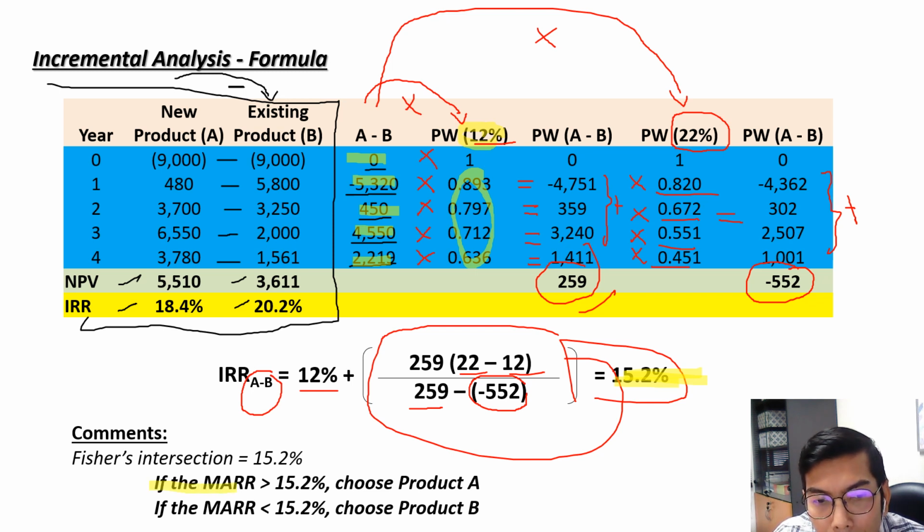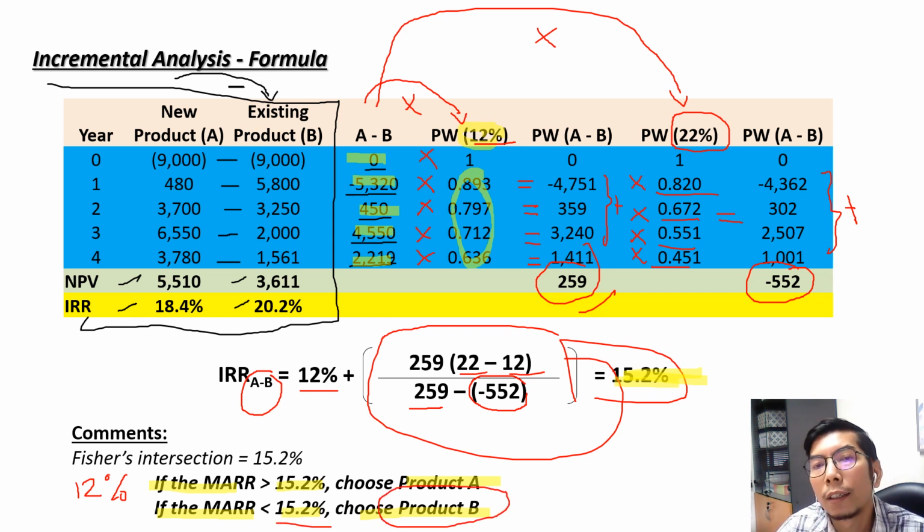If the MARR is more than 15.2, you choose product B. If the MARR is less than 15.2, you choose product B. In this case, our MARR is 12%, based on question. 12% is less than 15.2. So means that we need to go for product B. So that's how we solve the conflict using incremental analysis.